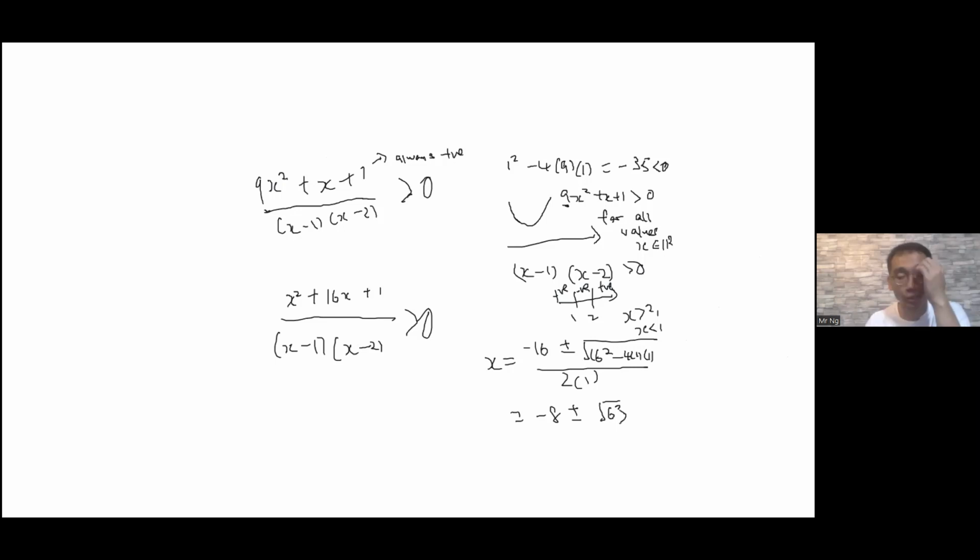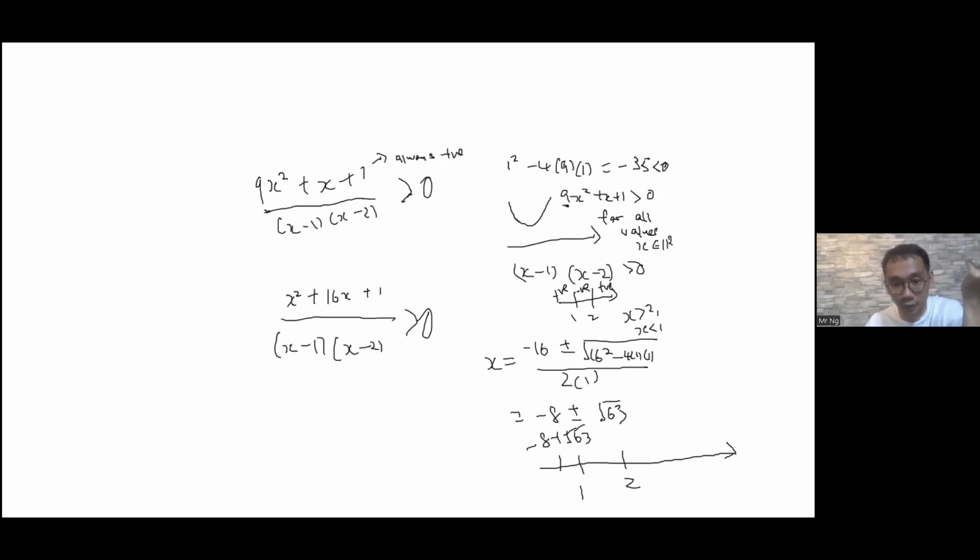So over here your roots will be like this. Do know that you need to know the numerical value of this number. Over here is negative 0.06. So minus 8 plus square root 63.